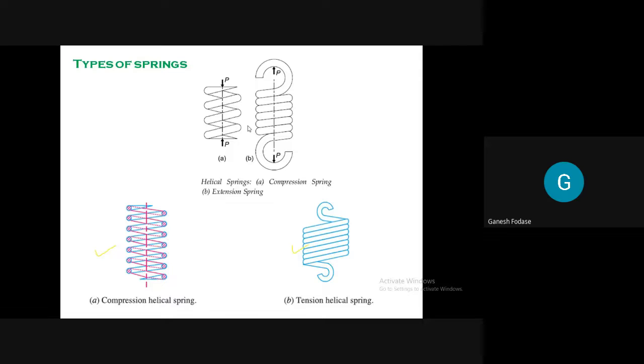Difference is clear? Yes or no? Yes, sir. Okay. Anyone can tell me what is the difference between these two? What do you understand? It's very simple. The main difference between the forces is that compression force is the acting force here, and in this case extension force is applied.